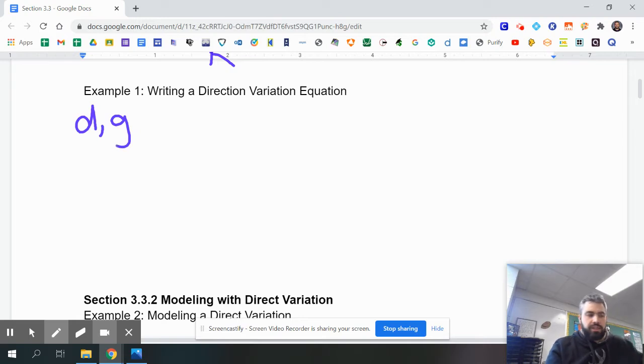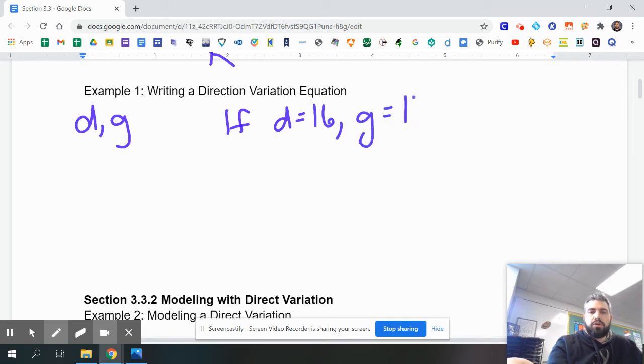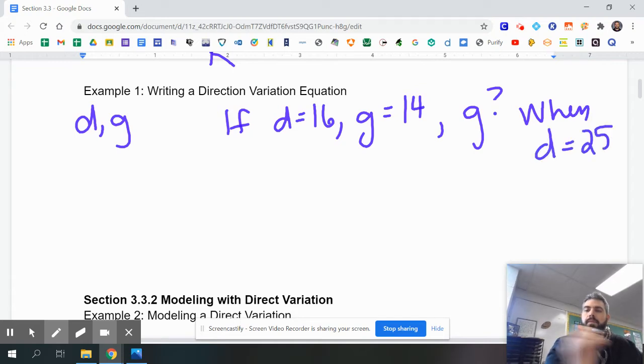And this is what we know about d of g. If d equals 16, then g equals 14, okay? So what is the value of g when d equals 25?